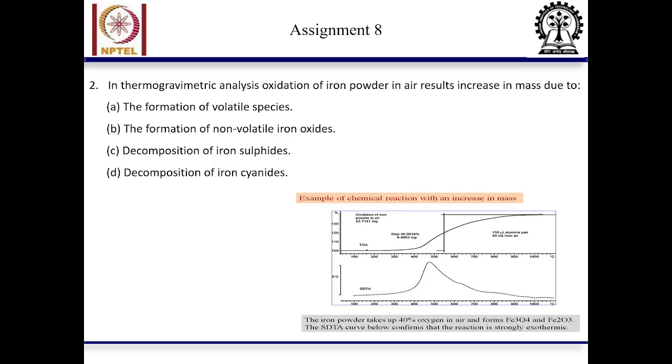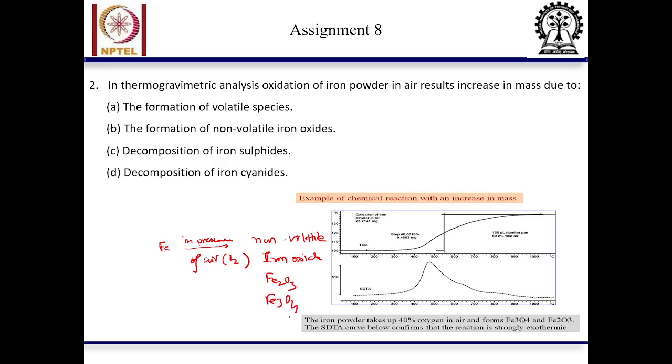In the presence of air, meaning here we have O2, the iron will form iron oxide. Basically two oxides are formed, Fe2O3 and Fe3O4.